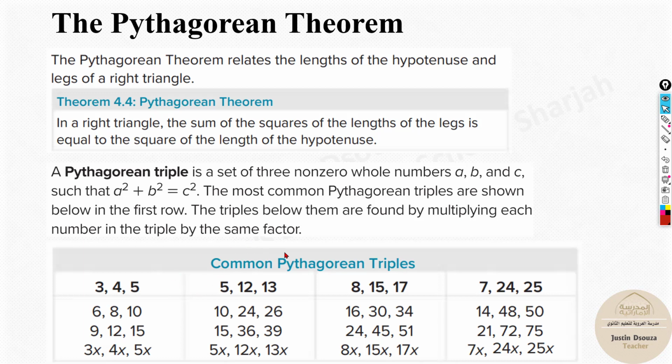Now, many people have studied the Pythagoras theorem, and we have found some triples, meaning certain numbers, like 3, 4, 5 or 5, 12, 13. Let me write it over here.